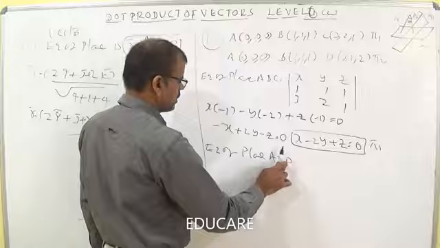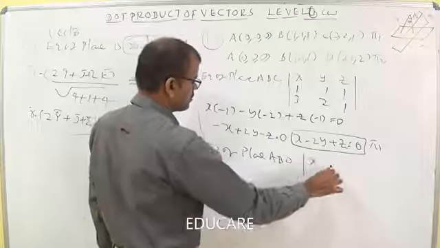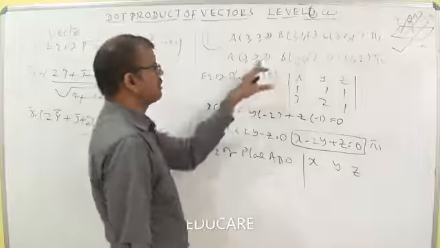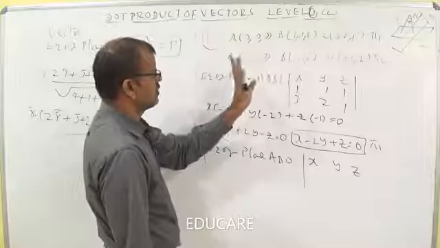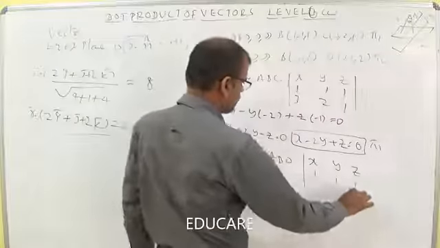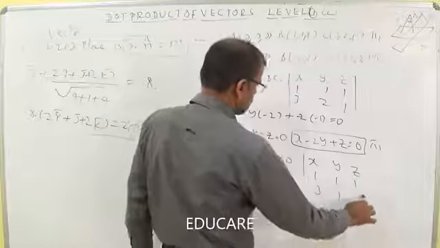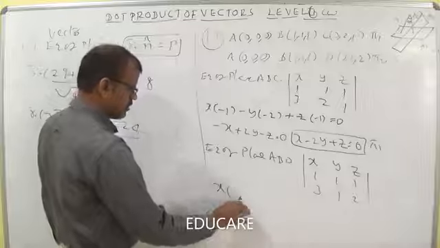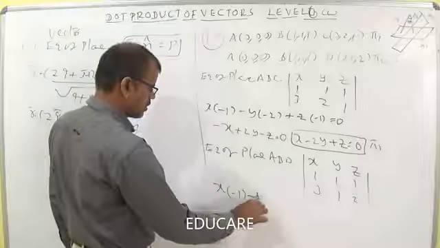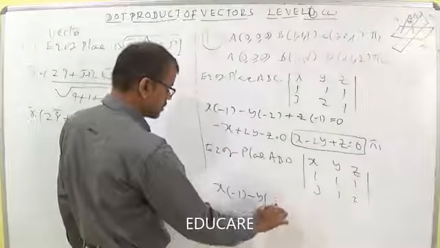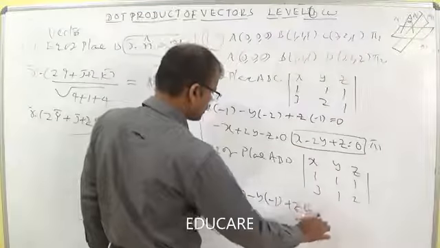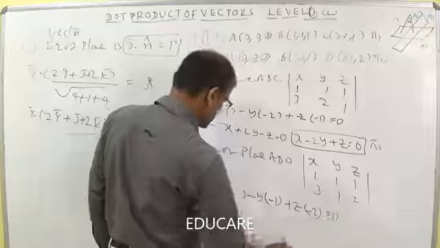Equation of plane ABD, same concept, passing through 0, 0, 0, x, y, z. You write 3, just changed a number, that's all, 1, 1, 1, and this is 3, 1, 2. Equation of plane: you calculate x into 1 minus 2, this is minus 1, and y into 2 minus 3, this is also minus 1, plus z into 1 minus 3, this is minus 2 equal to 0.